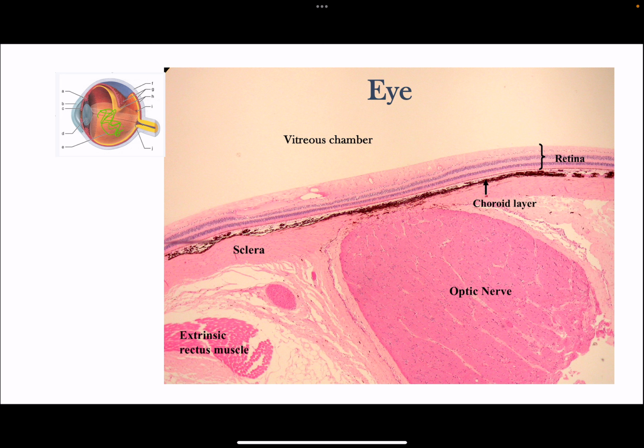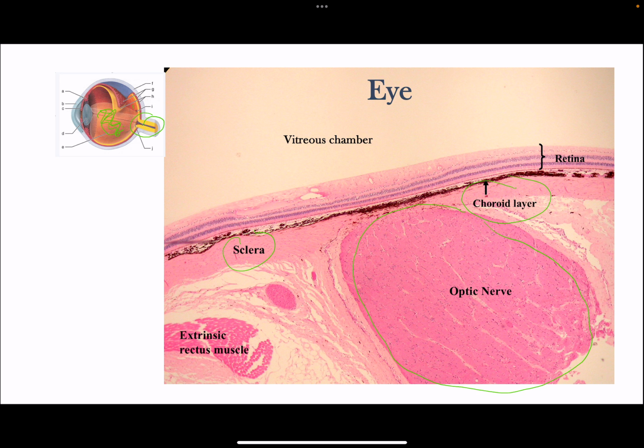So you see the retina should be the first layer. Then the next portion, the brown color, is what? The choroid layer. Then the next one is the sclera. This is histology. When you look through the microscope at the slides, this is what you see. Then here, this is the optic nerve. This one is a big optic nerve.